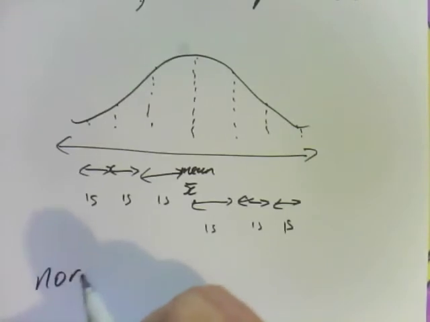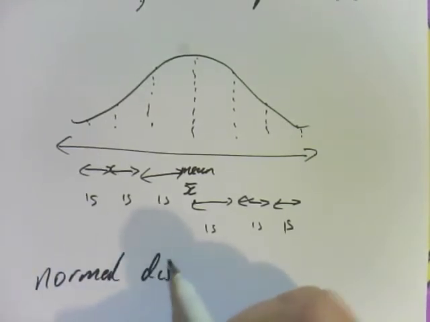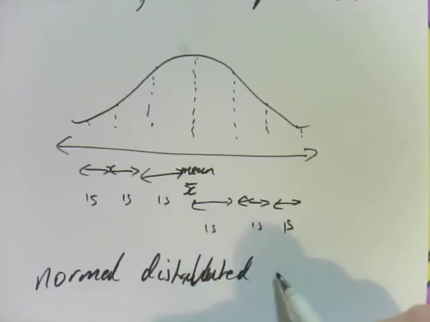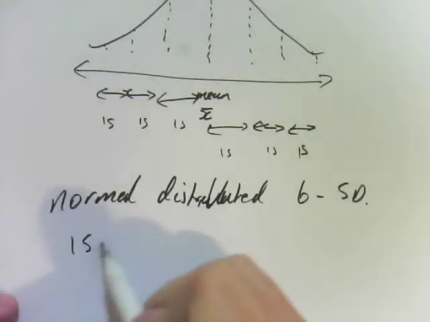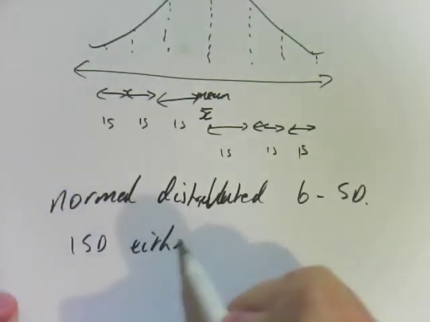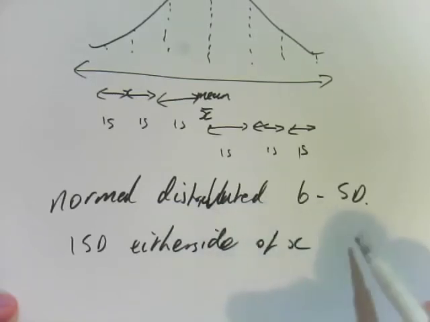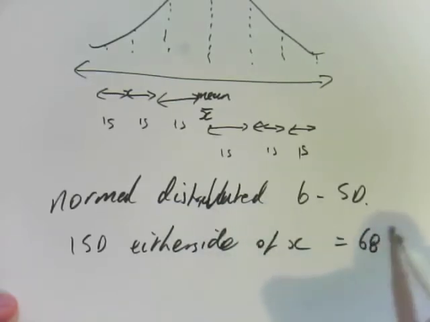A normal distribution has 6 standard deviations, and those standard deviations mean things. If you go 1 standard deviation either side of the mean, you have approximately 68% of your data.